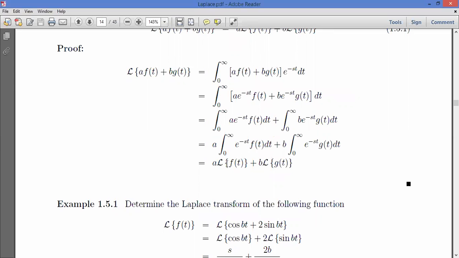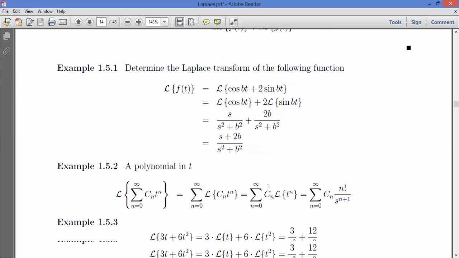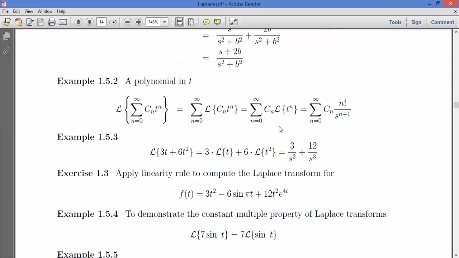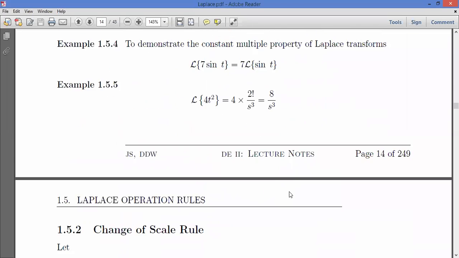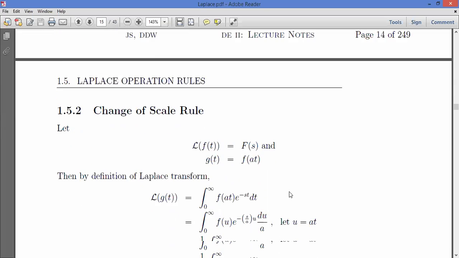You can see L of f(t). So we are already applying it here, but within the sum is c_n L of t^n. But you know what L of t^n is? The generic solution of that is n factorial over s to the n plus 1. And then you can do all of these ones. You can have fun.